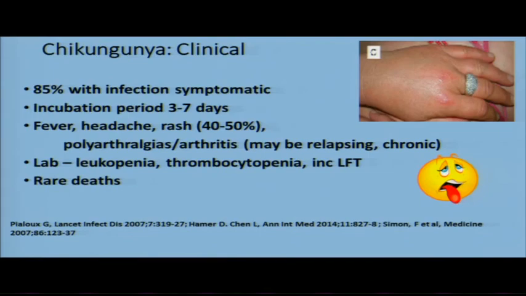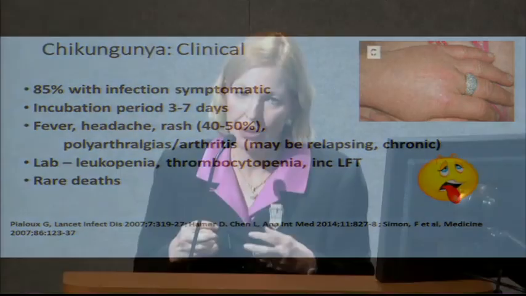People can have such severe arthritis that even when it goes away, it relapses, and sometimes it comes back and becomes chronic and erosive, so that people have an immune disease that mimics rheumatoid arthritis. And there's a lot of discussion now about the best ways of managing chikungunya arthritis. There are rare deaths with this disease, but certainly it's significant.